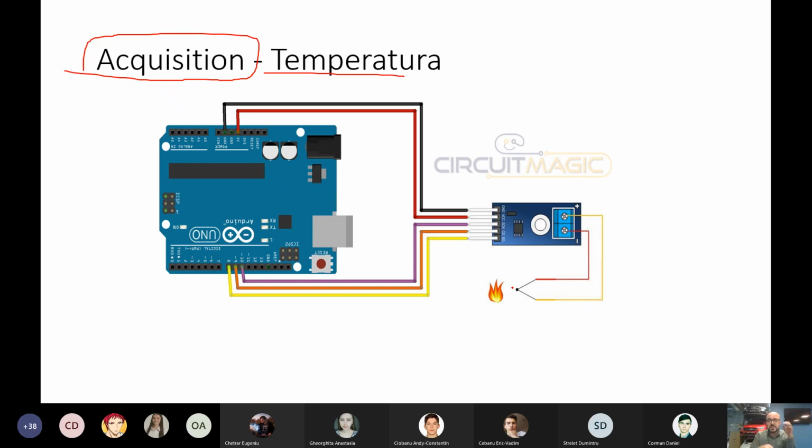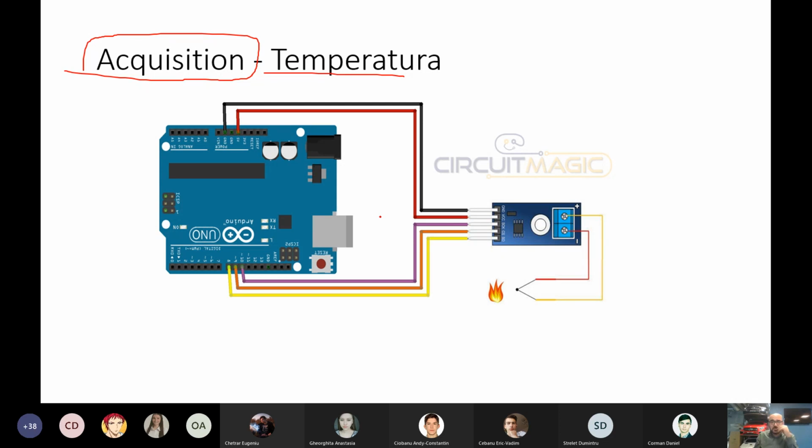Usually such a sensor can be used for flame temperature measuring. For lower temperatures it depends on what kind of materials, and we have tables related to this. We can find different data sheets.